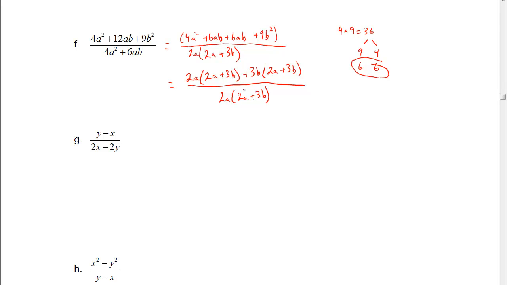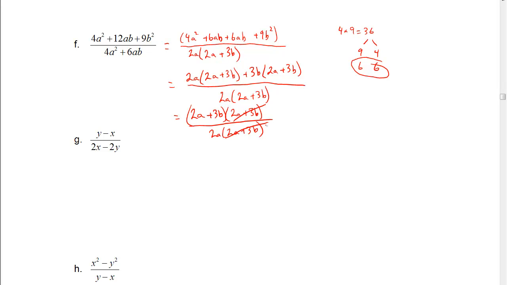So we grouped the terms in the numerator. Now to finish the factoring, we get 2a plus 3b as a common factor, and we're left with 2a plus 3b. And that's all over 2a outside of 2a plus 3b.